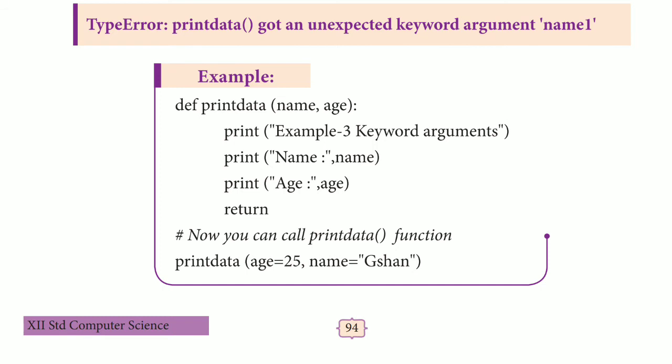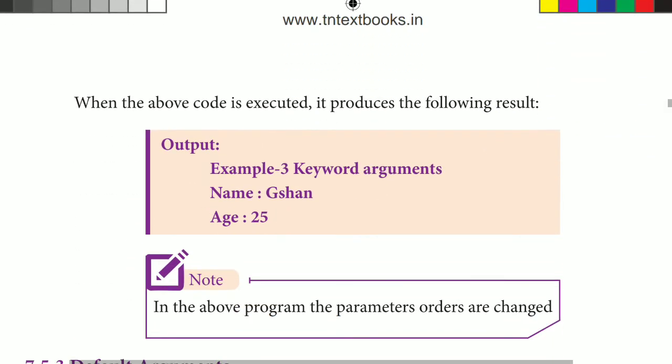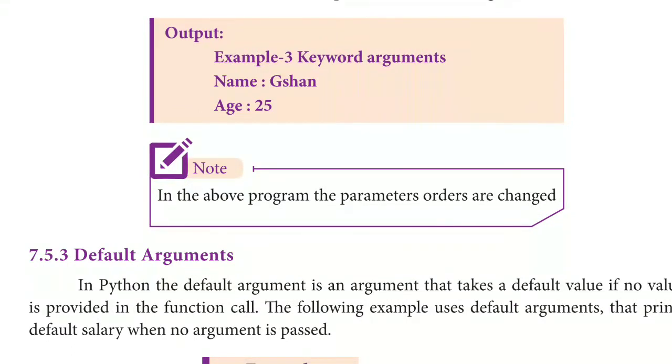Even so, since you have given the exact name of the argument, it will take the value to the respective name, and you will get the following output. In the above program, the parameter order is changed, but it gives the required output since you have used the exact name of the parameters.